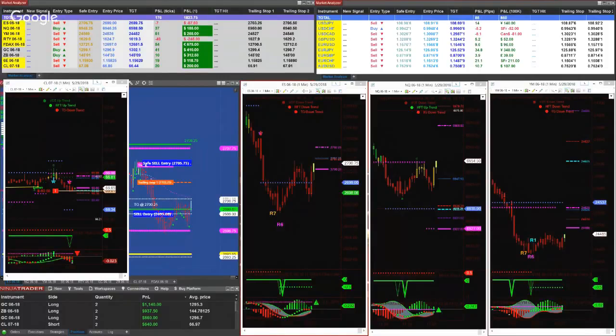If you look at it, it's 69.45.25, and the target is 88.50. So this is 28 ticks so far on the Nasdaq on the market analyzer, the automated trading. But for manual trading, I can override that.